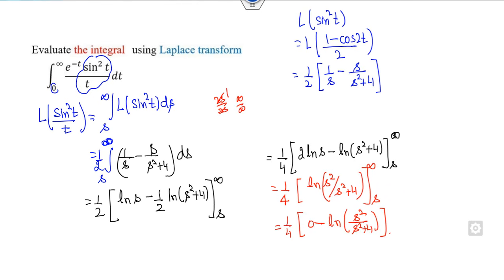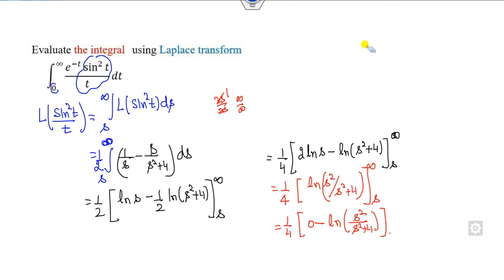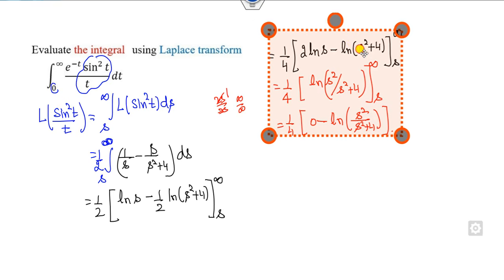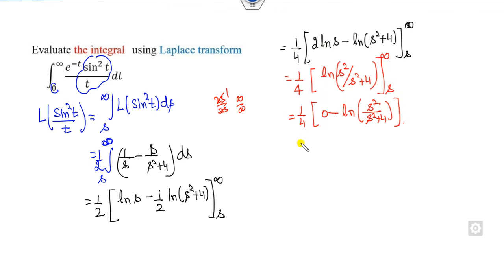Fine. Now what you can do, I can adjust the minus sign. It is 1 over 4 ln of (s square plus 4) over s square. Now you can substitute s is 1.